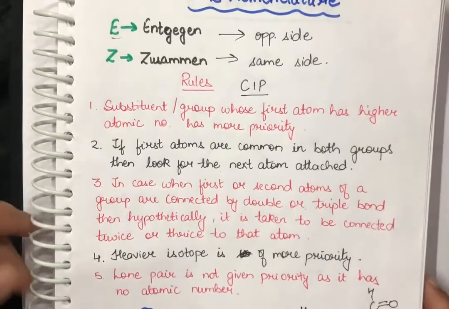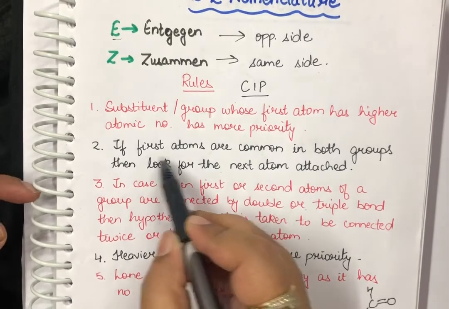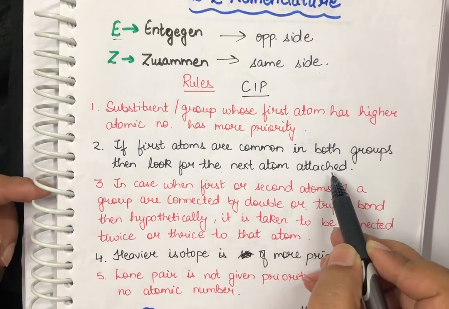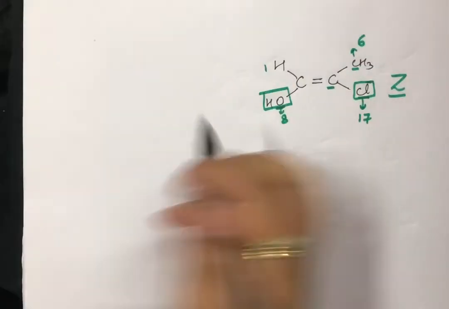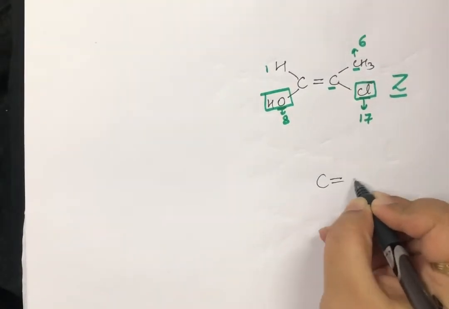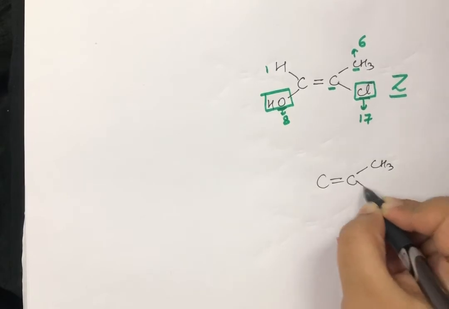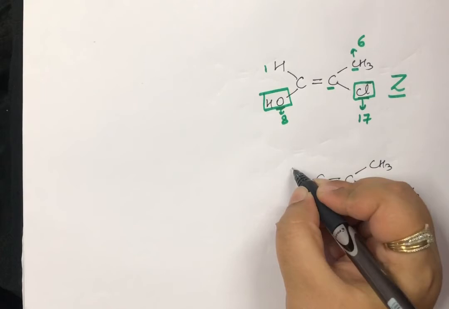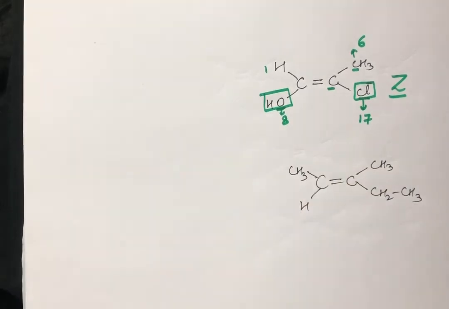Similarly, the next rule says if the first atoms are common in both the groups, then look for the next atom that is attached. So if I take another example, I have a compound like this for which I have to name the EZ configuration.